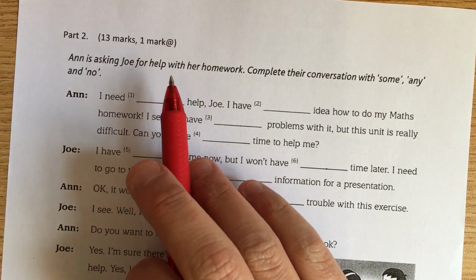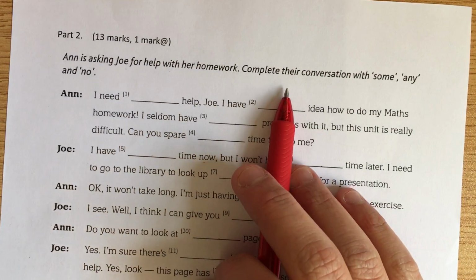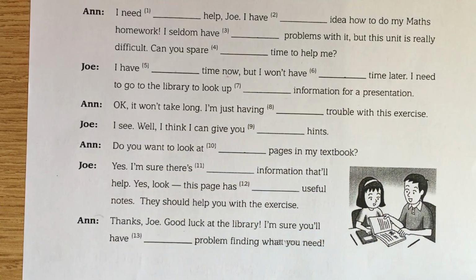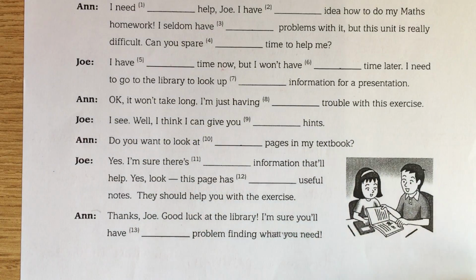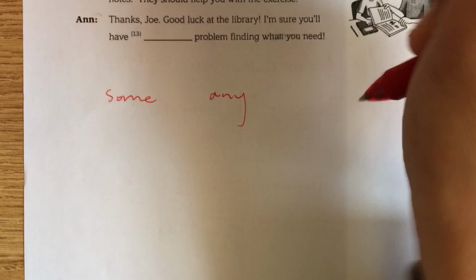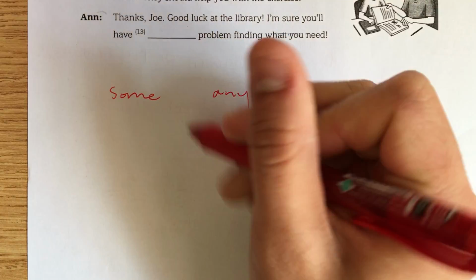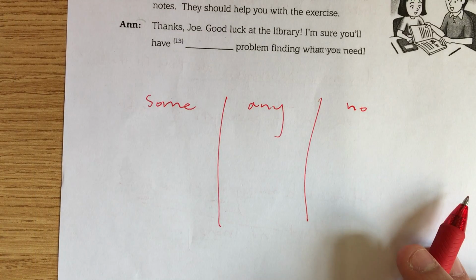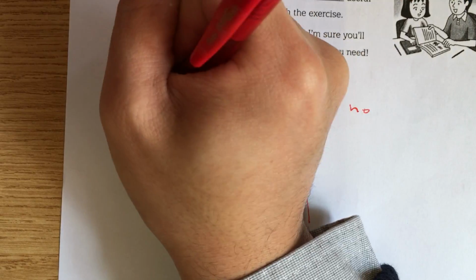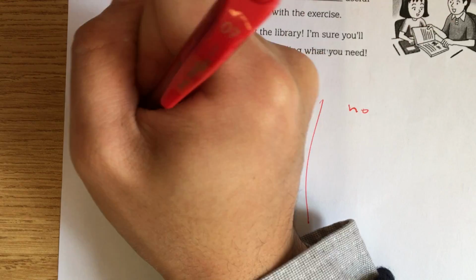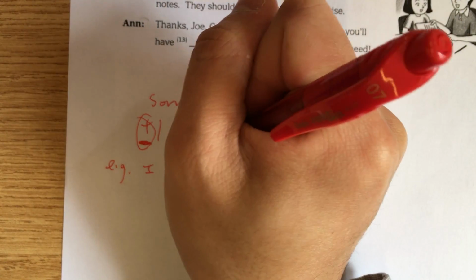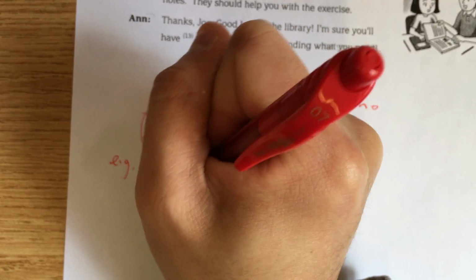Anne is asking Joe for help with her homework. Complete the conversation with some, any, and no. So let's do a few notes before we check the answers together. So some, any, and no. When do you use some? When we talk about something positive. Say for example, I have some girlfriends.